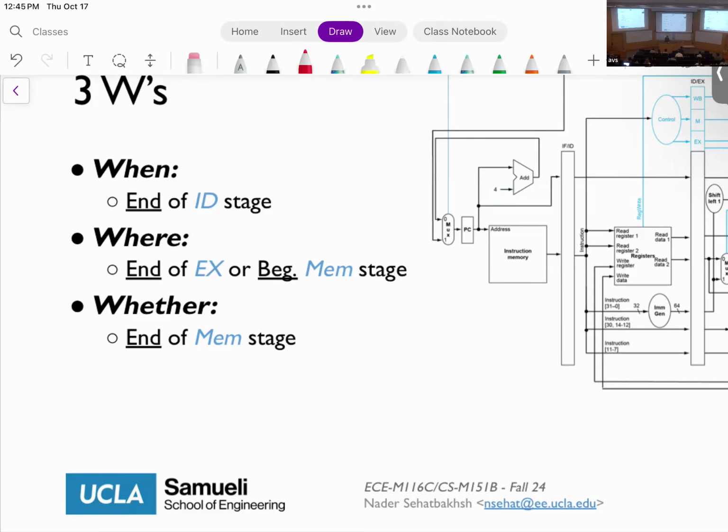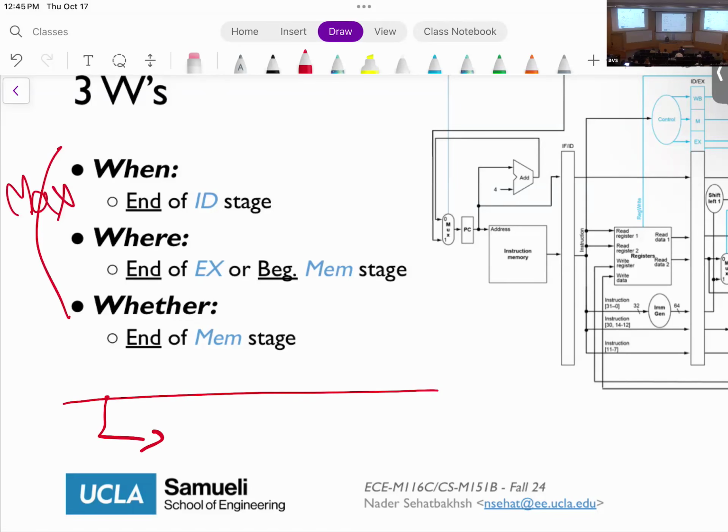In other words, if I want to know the address and whether this branch is taken, I need to take the max of this, which means that I know the outcome of the branch somewhere during the mem stage, either somewhere in the middle or at the end of the mem stage, okay?